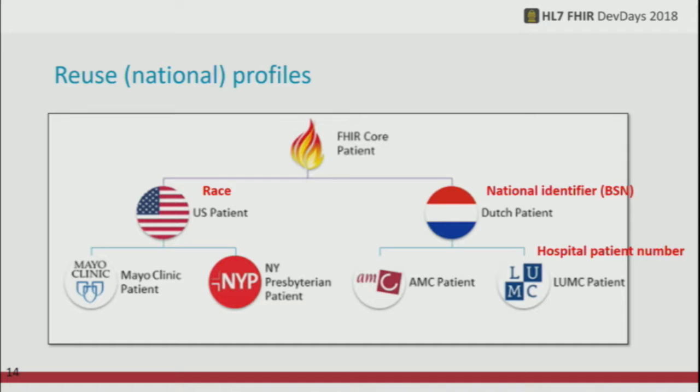Yeah, sure. So you also then have a foreign patient? Yeah, I have to repeat the question for the recording. So do we also have a foreign patient? We don't, but the national identifier is optional in our country, so in our profile. So we only constrain that if you have a national identifier, this is how you capture it.